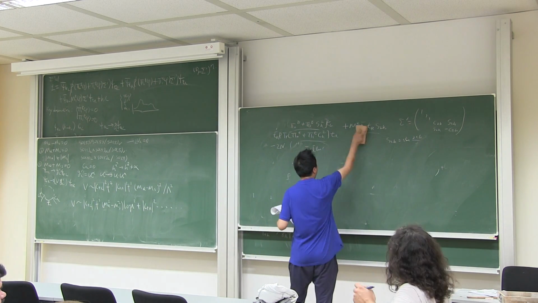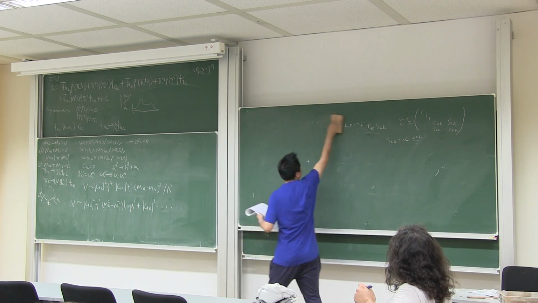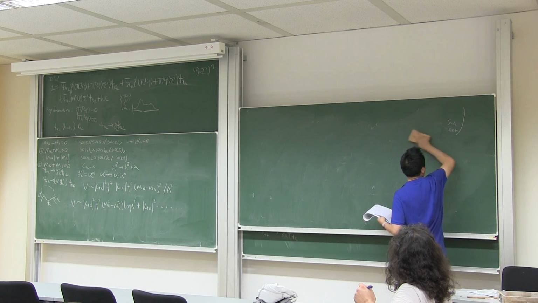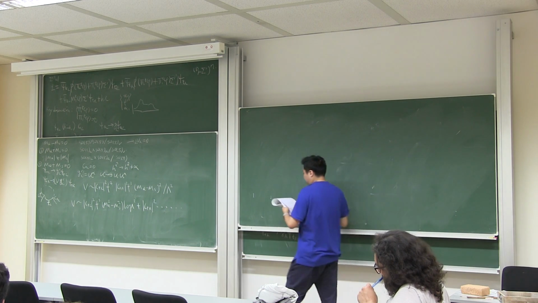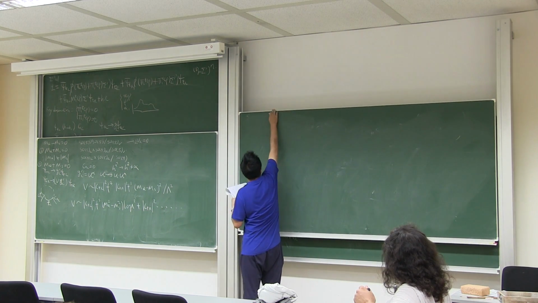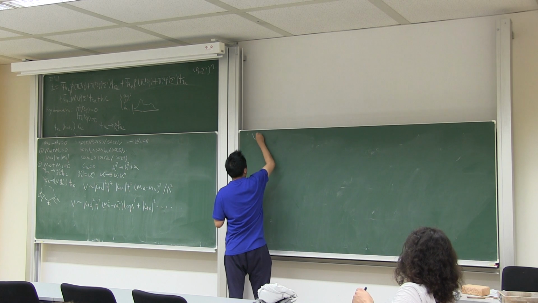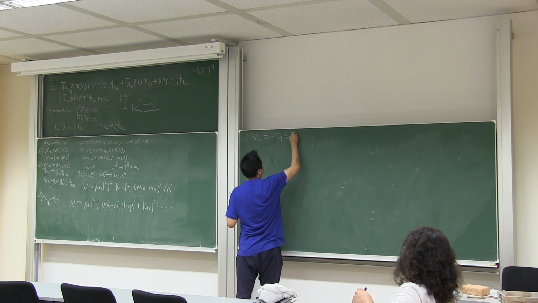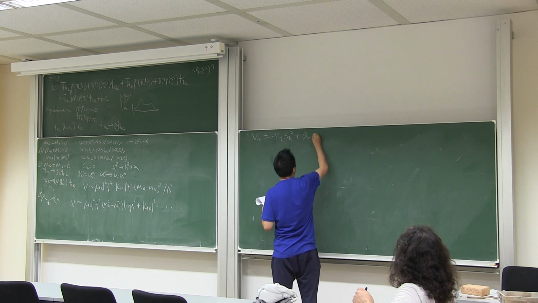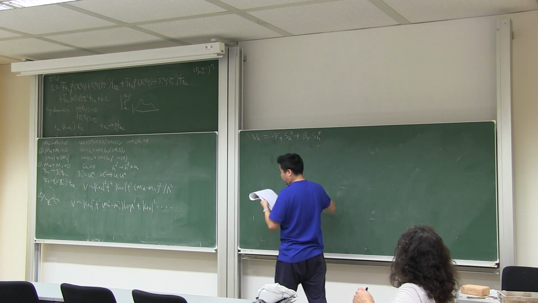So now we go to the final part, which is the tuning of the Higgs potential and how it compares to the other models we have. So let's say the Higgs potential, as we can see, is just this.